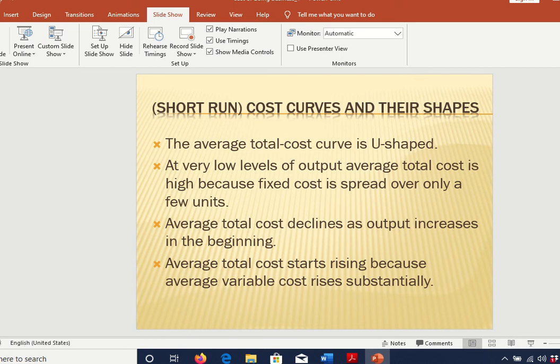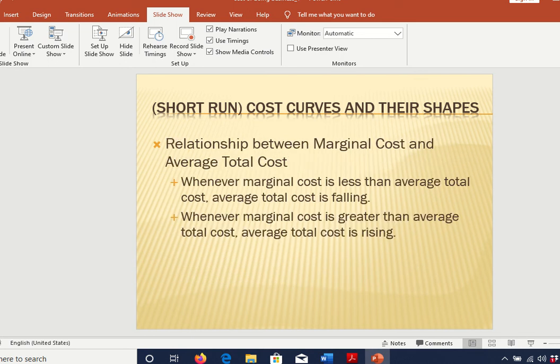Whenever marginal cost is less than average total cost, average total cost is falling. Whenever marginal cost is greater than average total cost, average total cost is rising.